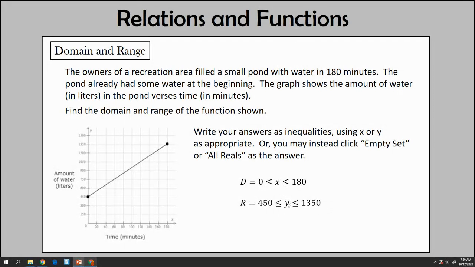So my Y's have to be greater than or equal to 450, but less than or equal to 1350. So somewhere in here, all of my water values are. And then down here are my time values. So we have to just read it literally as X and Y's.